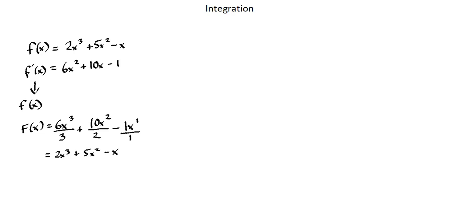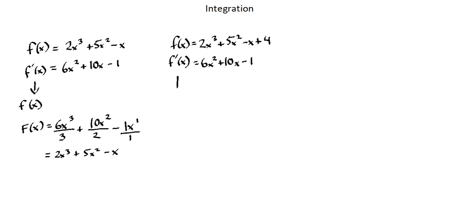Now let's consider a similar function in a second example. F of x equals 2x to the power of 3 plus 5x to the power of 2 minus x plus 4. So I'm adding the constant plus 4. I'll go through the same process. I'll take the derivative to get to 6x squared plus 10x minus 1. Notice that while the original functions aren't the same, the derivatives are the same.